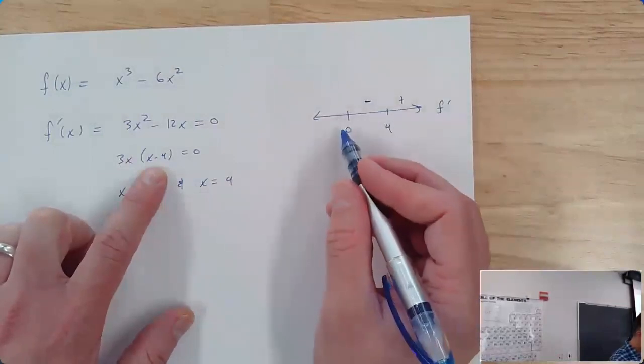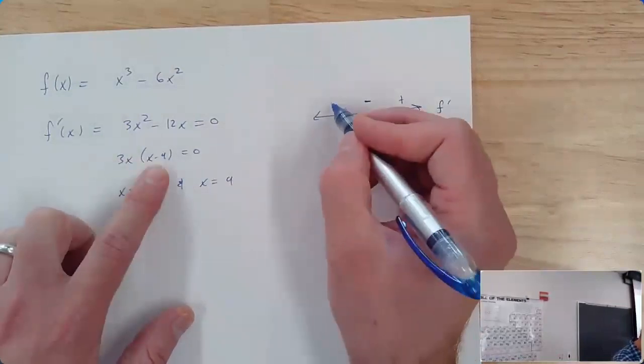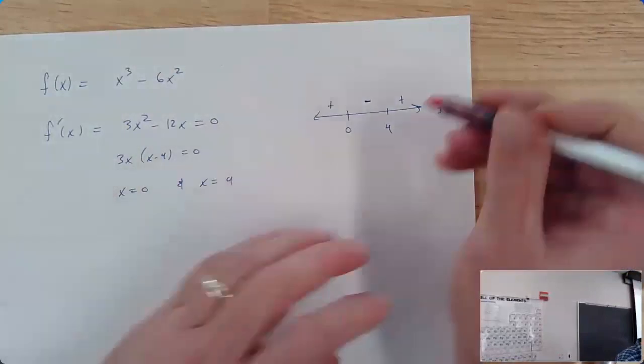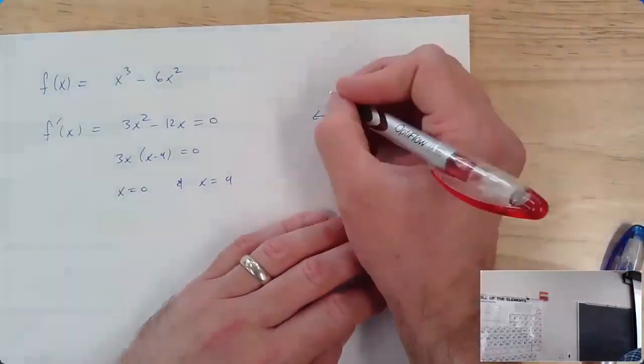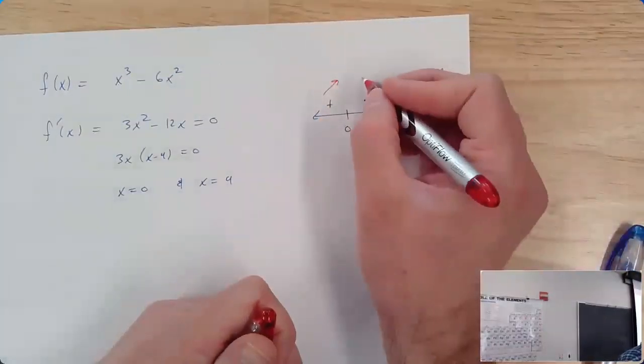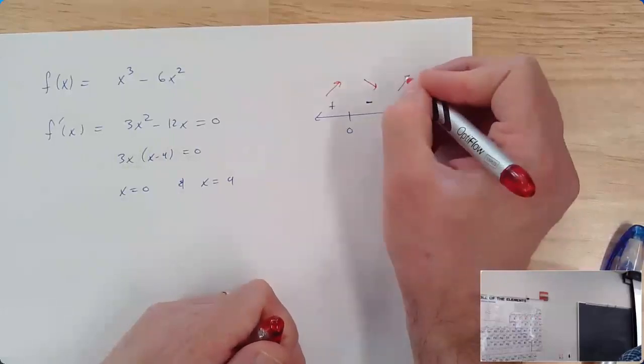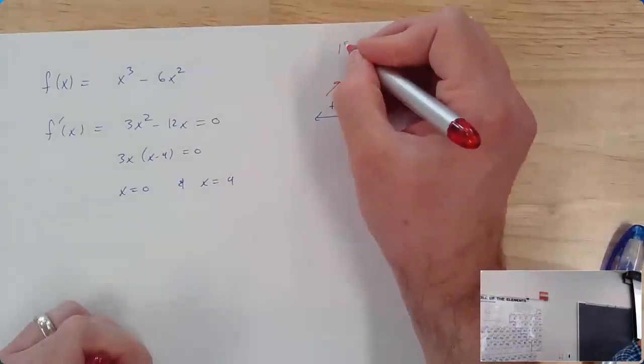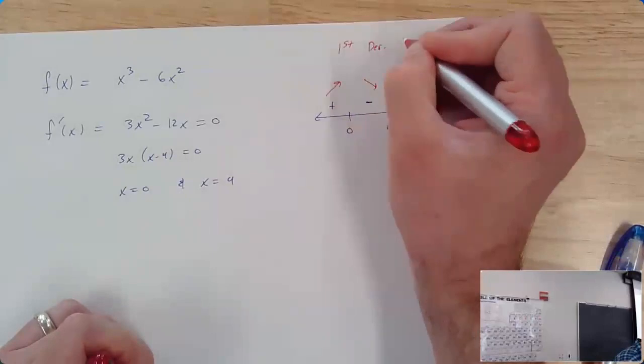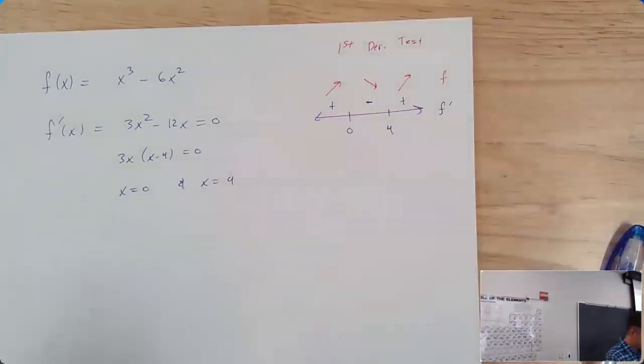Pick a number less than 0 like negative 1, negative, negative. Since my derivative is positive, my function is increasing. My derivative is negative, my function is decreasing, positive, increasing. So using the first derivative test, we have a relative maximum at x equals 0 and a relative minimum at x equals 4.